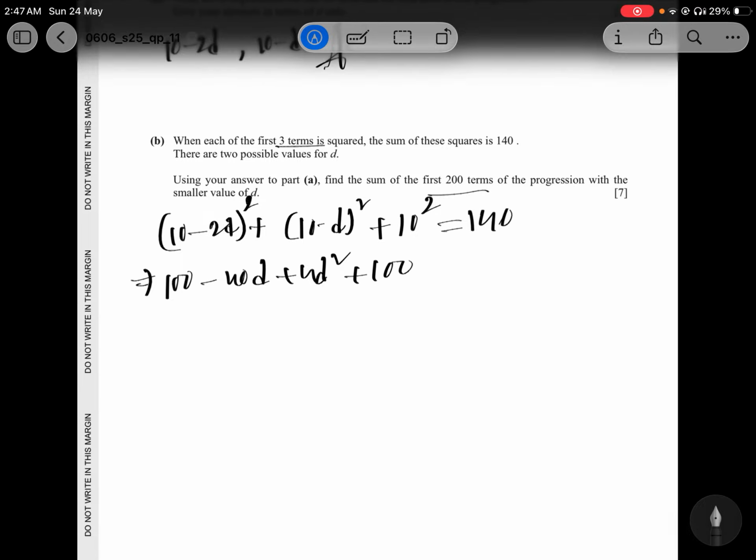Here is 100 minus 20d plus d square plus 100 is equal to 140. 4d square plus d square, 5d square. 40d plus 20d is 60d. So d square and d. 100, 200 and 300. Oh my god. 100, first of all. 100, 200, 300.